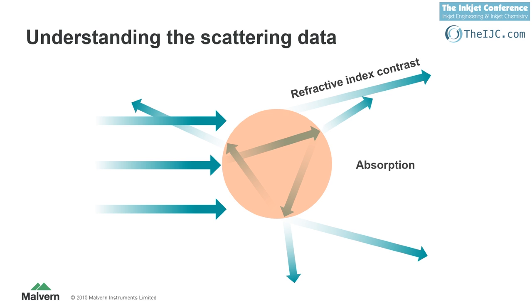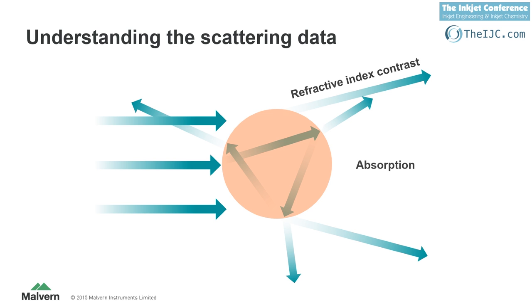And that's where it can get a little bit tricky for pigments as they become multi-component systems, and it can be difficult to find that information out, but there are ways around that as well. We also make an estimate as to the absorption of the material to see how well we can model the light that's transmitted and refracted through the particle. So that's the model that we use to interpret the scattering data.